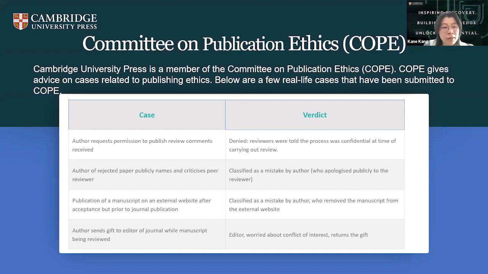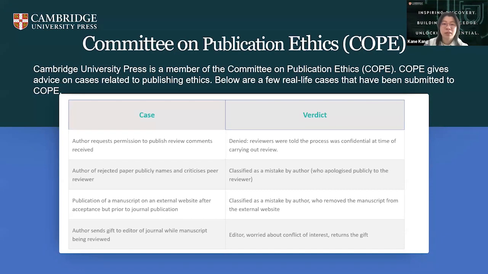So the first one, author requests permission to publish review comments received. The verdict: denied. Reviewers were told that the process was confidential at the time of carrying out the review. So in this case, I guess the peer review type is either single blind or double blind.